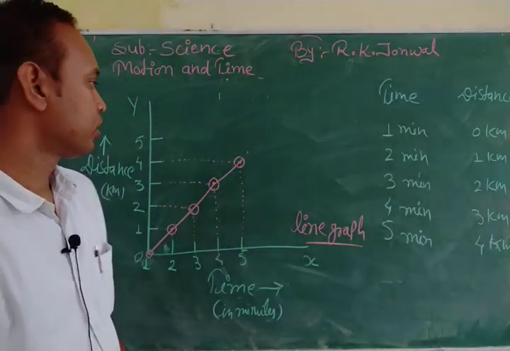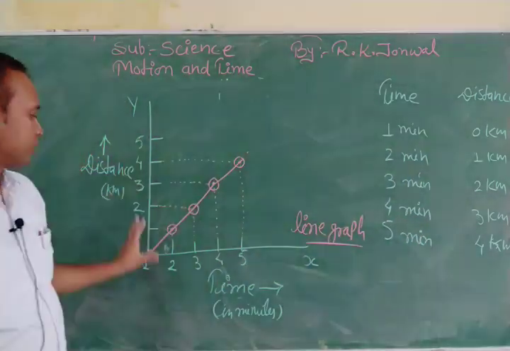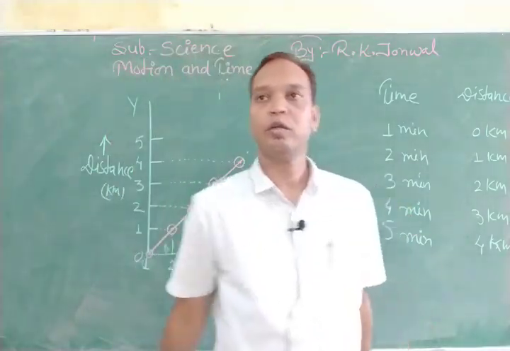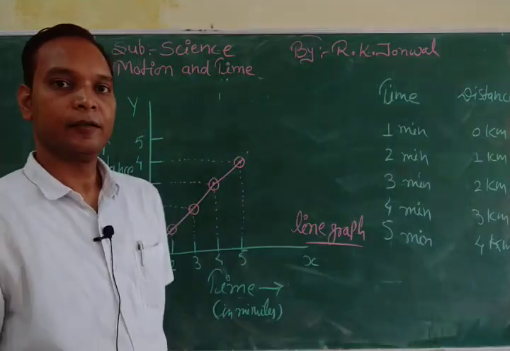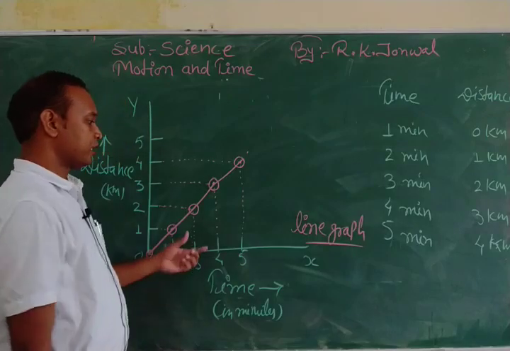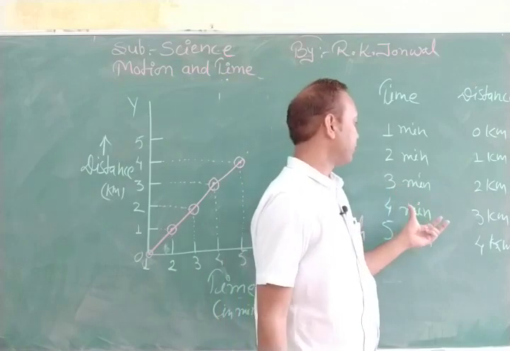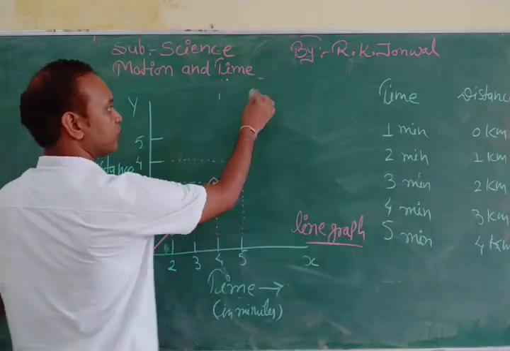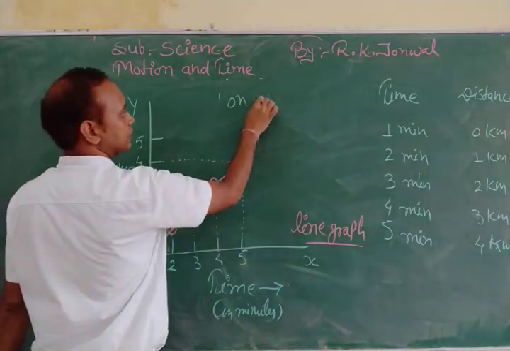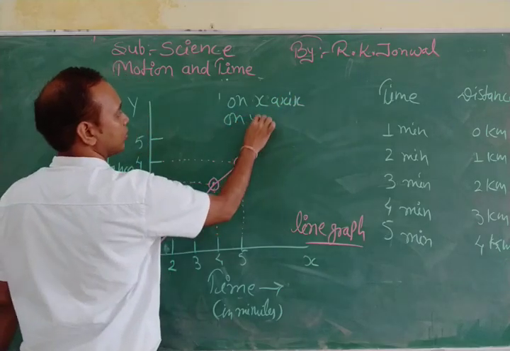So students, with the help of these values, we can easily plot the graph if the values are not so variable. Okay. So students, it is easy to plot this graph, but if the variation of values is too much, then first we take some values on the x-axis and on the y-axis.